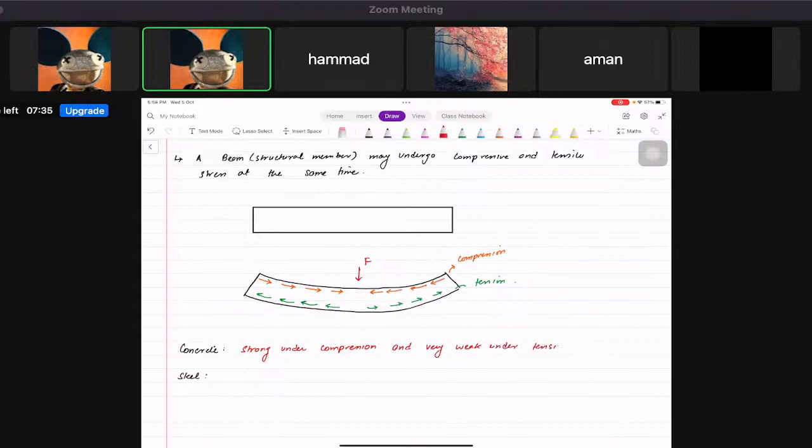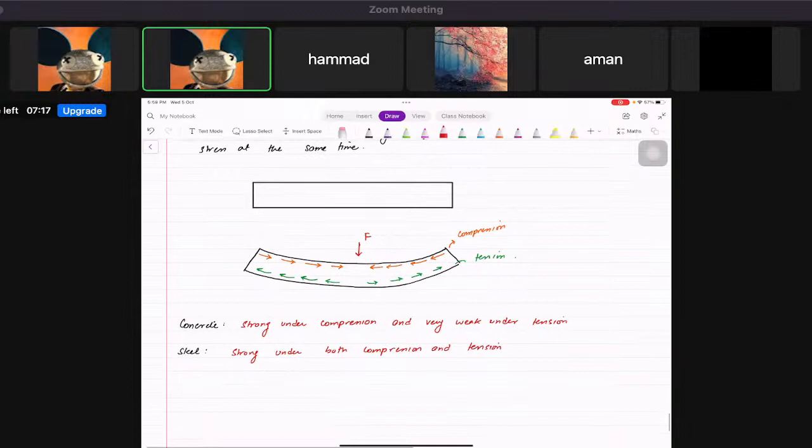So that's a property of concrete. Steel is strong under both compression and tension.